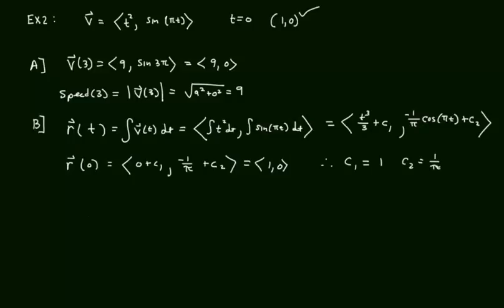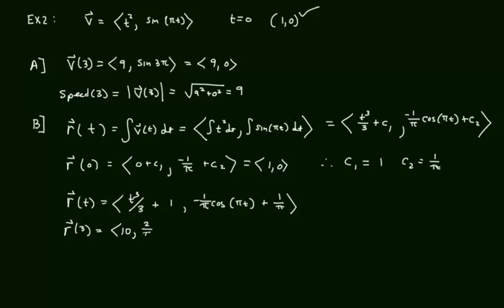So my position vector is t cubed over 3 plus 1, comma, negative 1 over pi cosine pi t plus 1 over pi. That gives me the position for time t, and then the position at time 3 will give me 10 and 2 over pi. That's using the differential equation method.